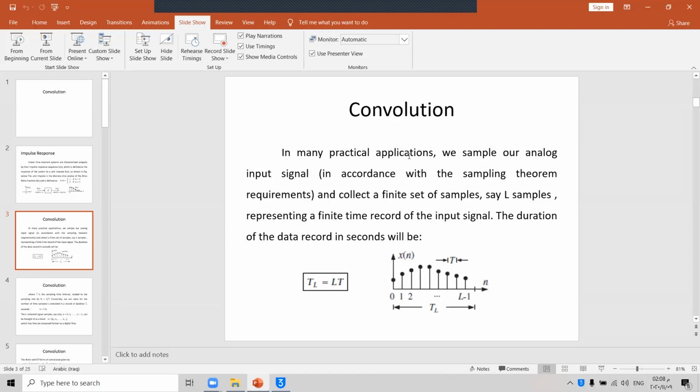In many practical applications, we sample our analog input signal in accordance with the sampling theorem requirements and collect a finite set of samples, say L samples.